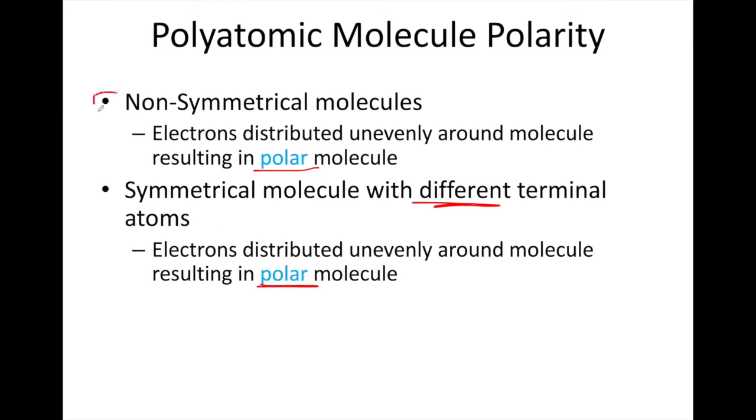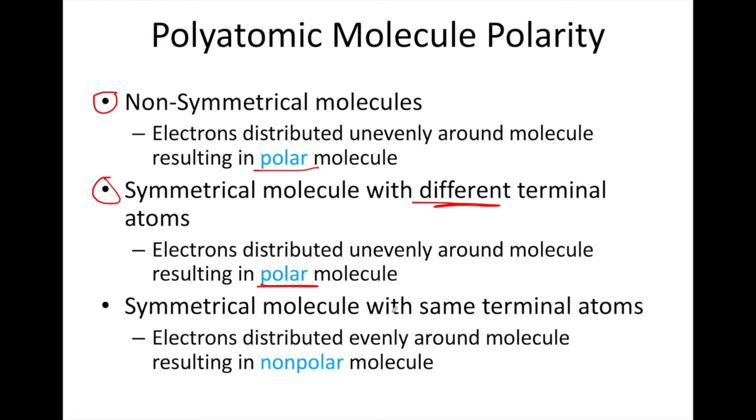So if it's a non-symmetrical shape, or if it's symmetrical with different terminal atoms, those tend to give rise to polar molecules. If we have a symmetrical molecule, but the terminal atoms are the same, then we should have an electron distribution that's even around our molecule, giving us a nonpolar molecule.